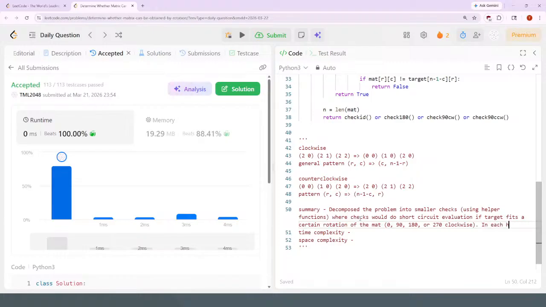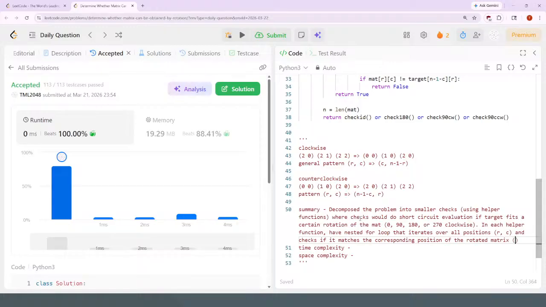In each helper function, have a nested for loop that iterates over all positions RC and checks if it matches the corresponding position of the rotated matrix by whatever degree rotation it's checking for.